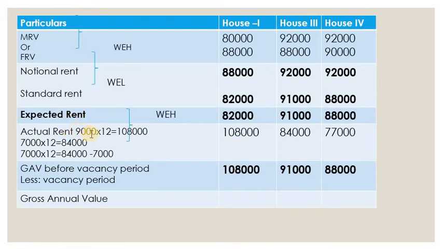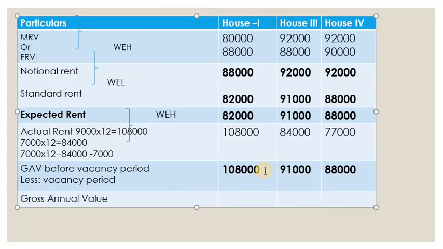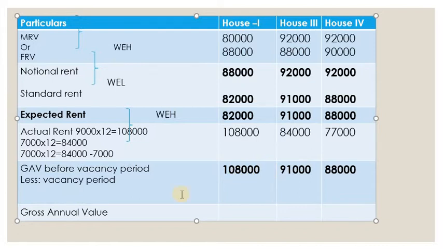So 9,000 is the actual rent. Here the vacancy period is 3 months. So 9,000 into 3. Then for the third house it is 7,000 into 1. For the fourth it is 7,000 into again 1. Let us deduct the amount. 9,000 into 3, so it is 27,000.